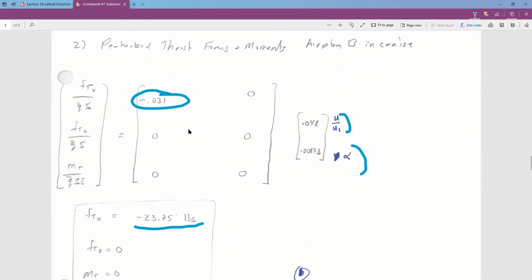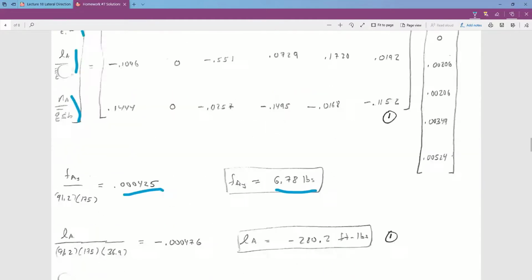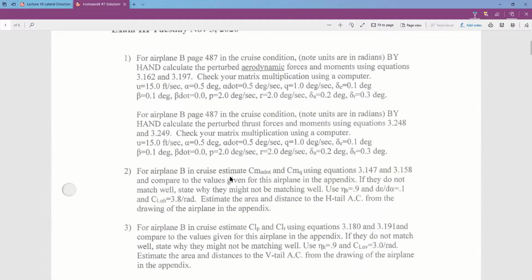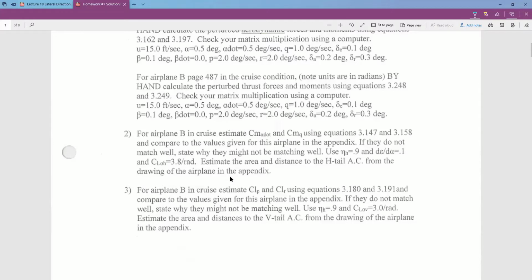And today we'll go over where the numbers that go into this matrix come from. That was actually part B for number 1, although I had it labeled 2.